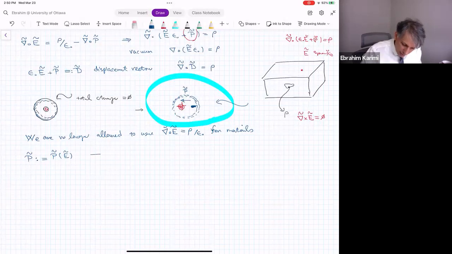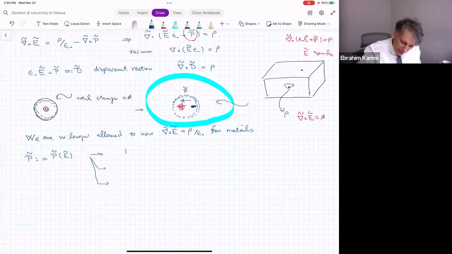Now we consider specific situations. The first situation is that whenever you apply the electric field, the dipole moment will increase proportional to the electric field. Okay, what does it mean?